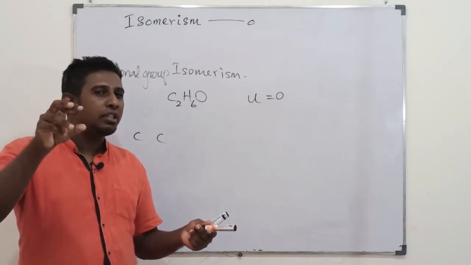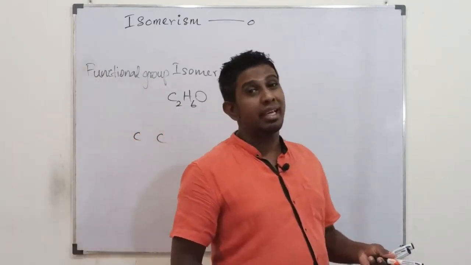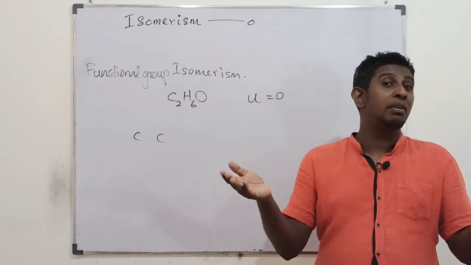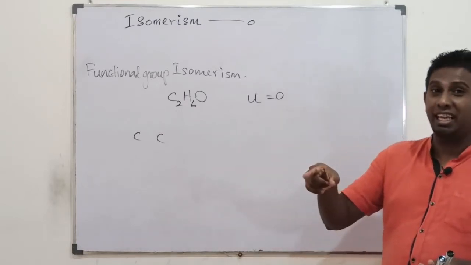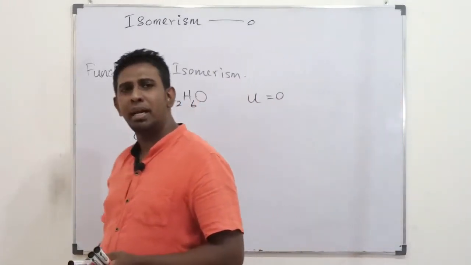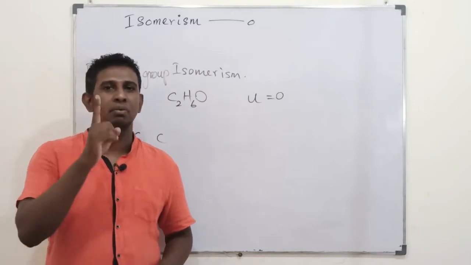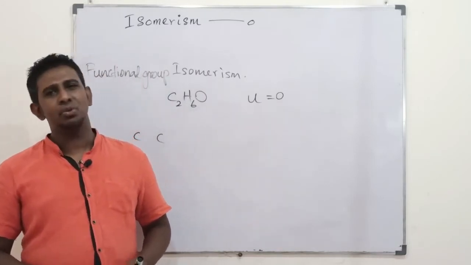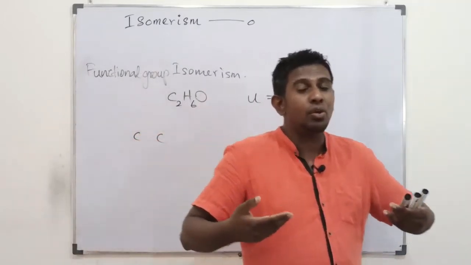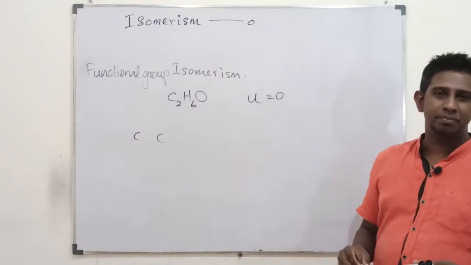alcohols do not take any unsaturation number, as well as ethers. Alcohols and ethers are the possible functional groups without taking any unsaturation number. But if you find your oxygen with the unsaturation number 1, then students, an aldehyde as well as a ketone are possible.